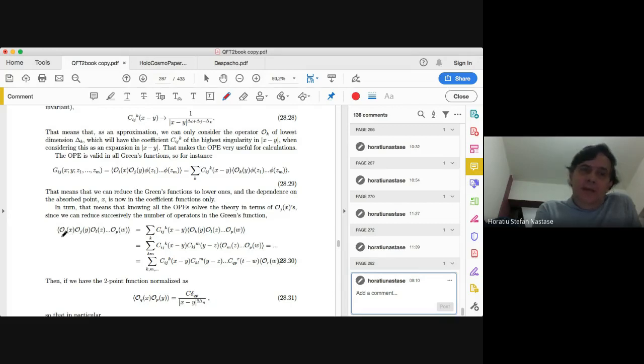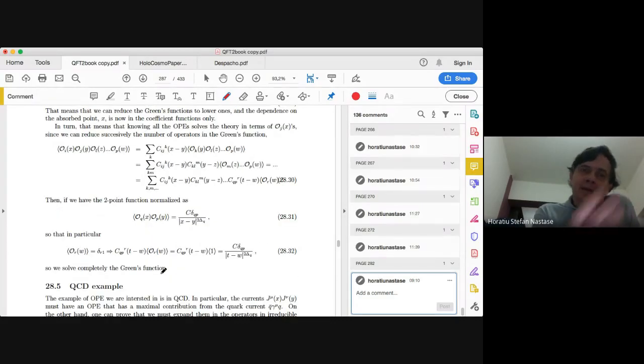Right? I write the VEV or Green's function of operator OI at x, OJ at y, and so on until OP at w. And I do the operator product expansion iteratively. So I first do OI with OJ into OK, then OK with OL into OM, and so on until I'm left with a single operator VEV, and then just a bunch of coefficient functions.